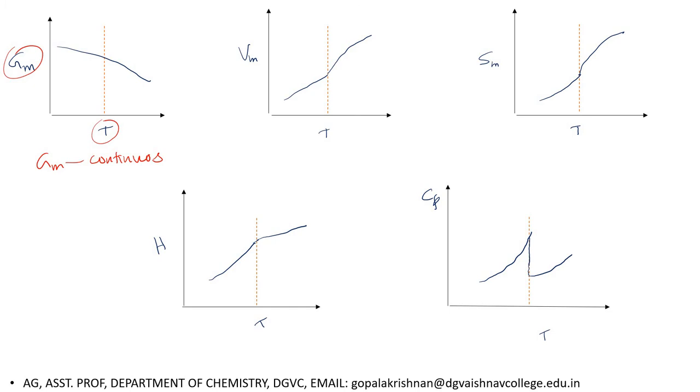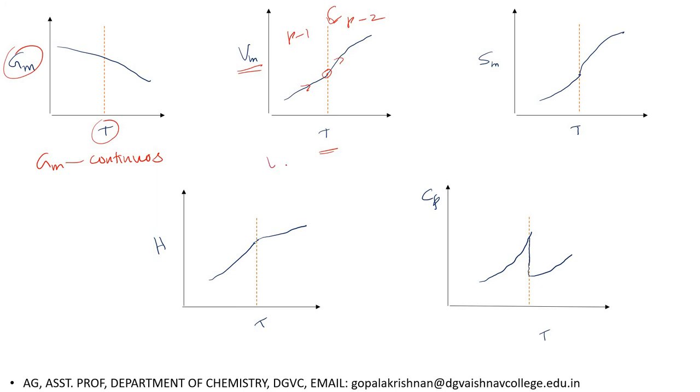Whereas if you see the molar volume versus temperature plot for phase 1 and phase 2, and this is the equilibrium temperature, at the equilibrium temperature there is no discontinuity. The curve is continuous.